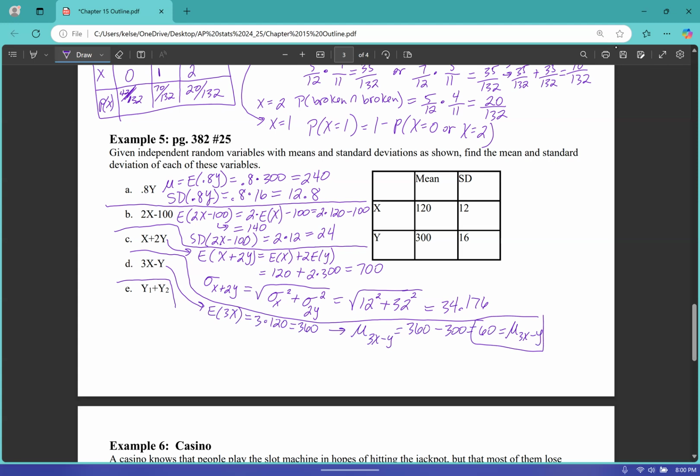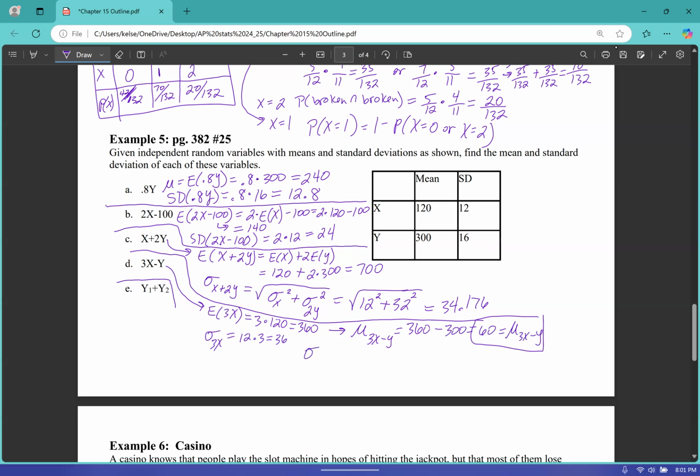Now standard deviation. I know it says 3x minus y, well, first go figure out the standard deviation of 3x. Remember, standard deviation is affected by multiplication, so it's 12 times 3. That one's 36. And now again, we're subtracting, and standard deviation doesn't care.